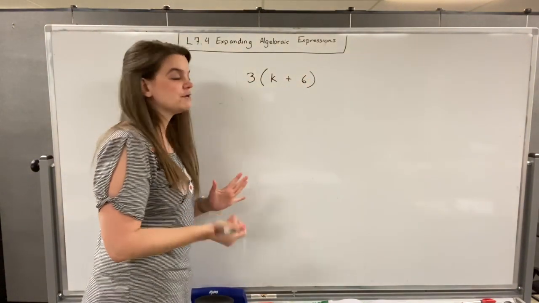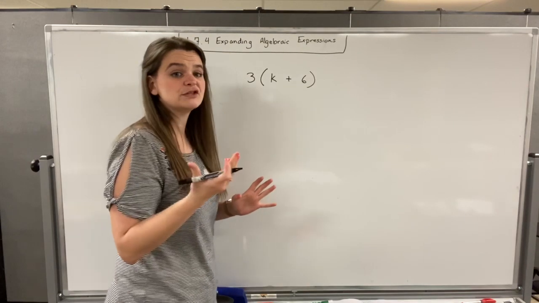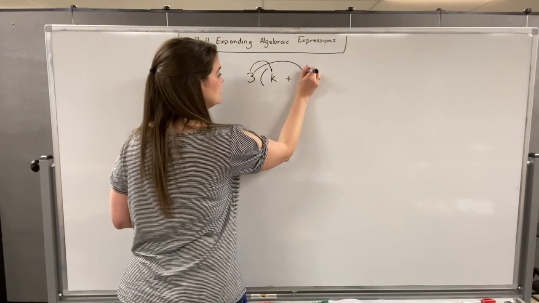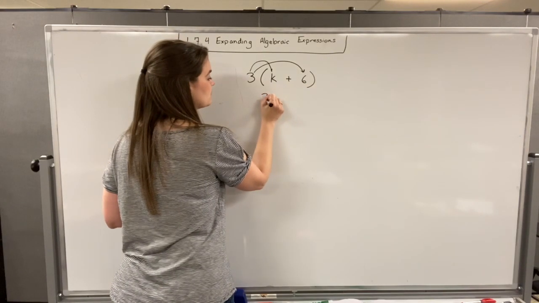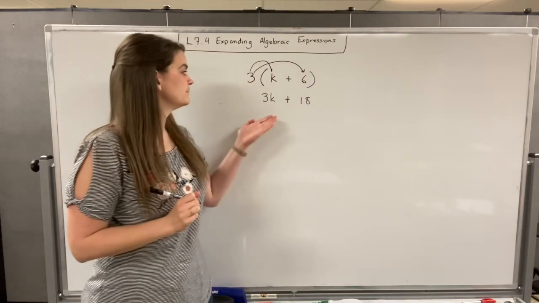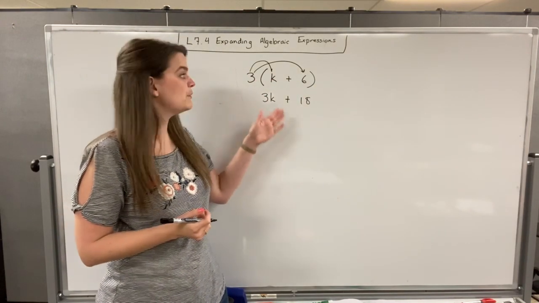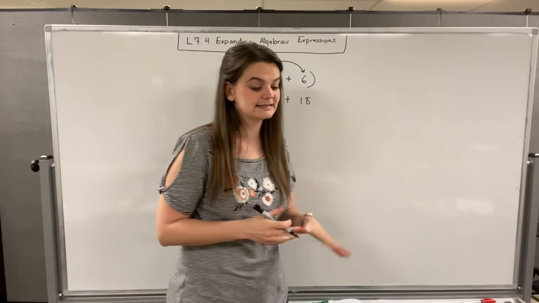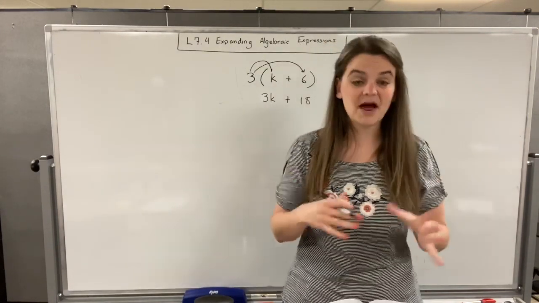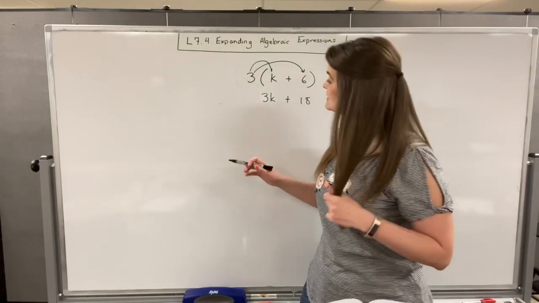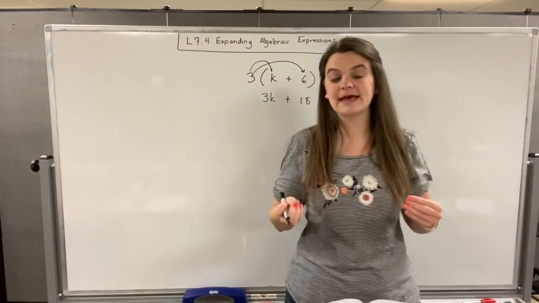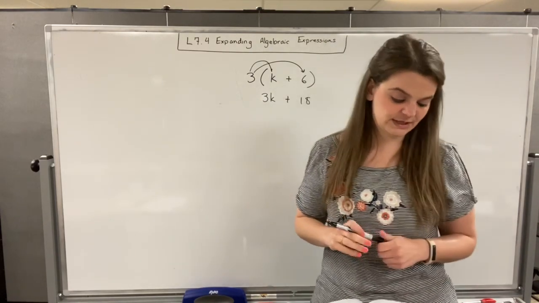We're going to distribute it, and when you're starting this, it's really helpful to draw the arrows. 3 times K and 3 times 6. So 3K plus 18, right? We've distributed that 3 to both the K and the 6. Can't leave anything out because otherwise it would not be properly distributed. But once we've distributed it like this, then it's really simple to expand our equation.